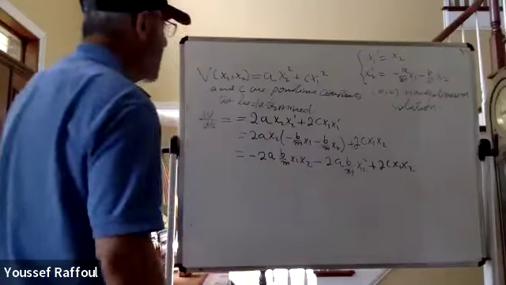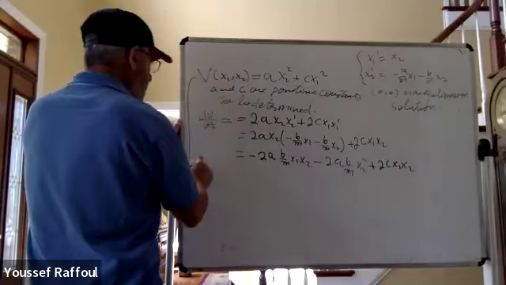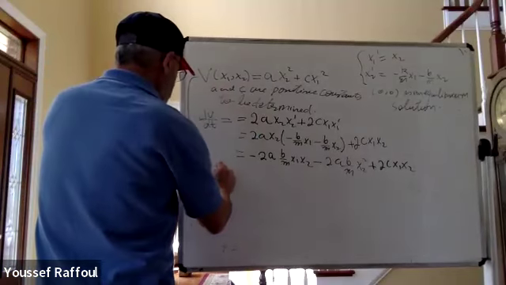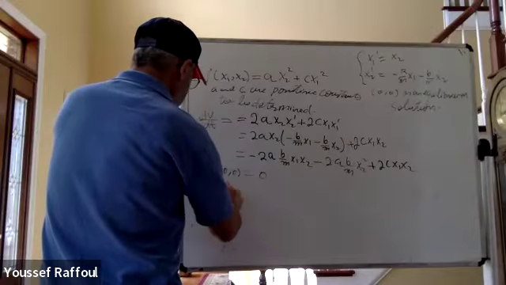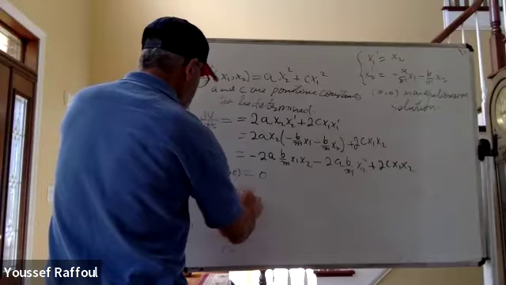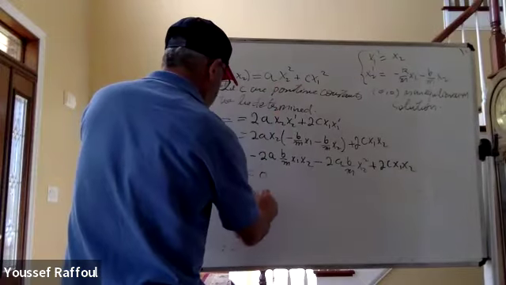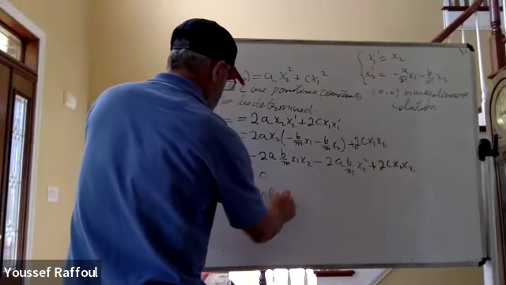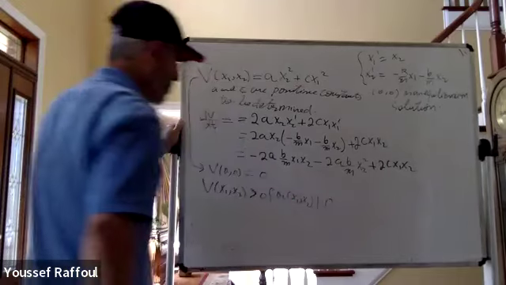Well, first of all, I need you to see that I went ahead of myself. First, V(0, 0) is 0, and V of x1, x2 is bigger than 0 for x1, x2 different from 0.